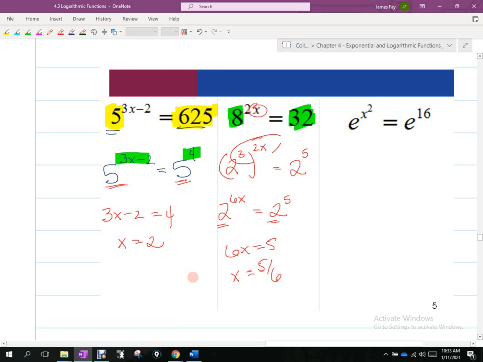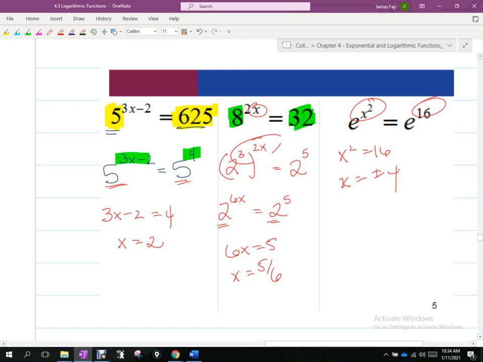So if you put 5/6 in right there, you'll get the exponent which you raise 8 to so that it turns into 32. That make sense? So the next one is just demonstrating that the exponents don't need to be linear. Like I said, x squared equals 16. So x could be plus or minus 4, right? Does that make sense, everyone? Yeah.